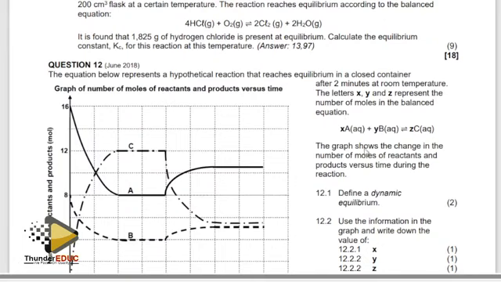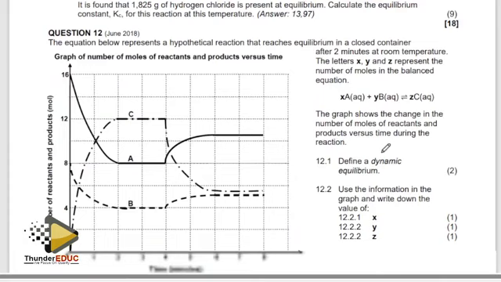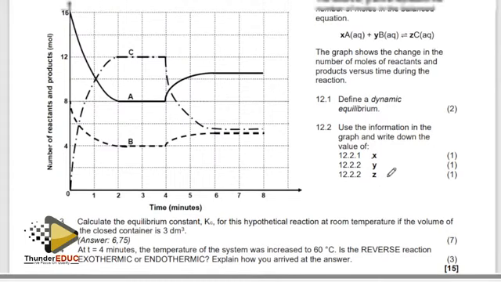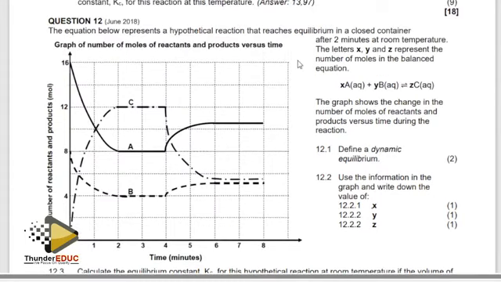The graph shows the change in the number of moles of reactant versus time during the reaction. So now they're saying dynamic equilibrium. Use the information. What is X? What is X? 2 minutes, X, Y, and Z. So this is a product, and these two are reactants.